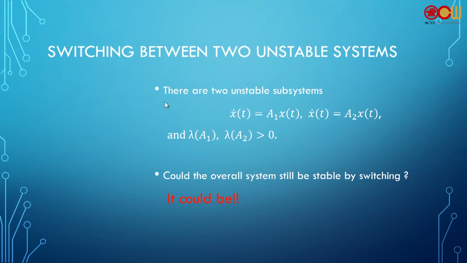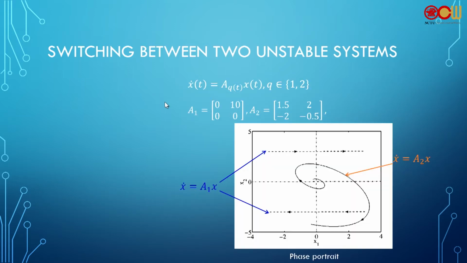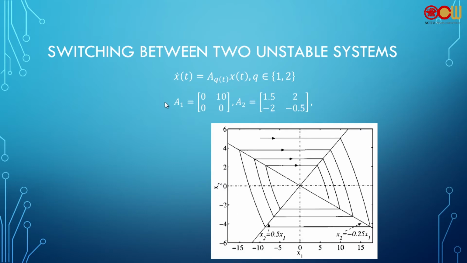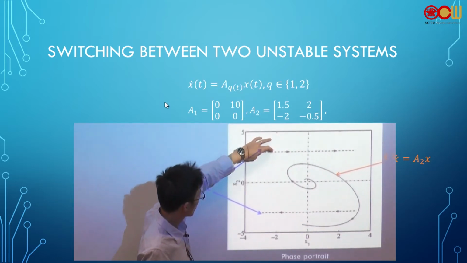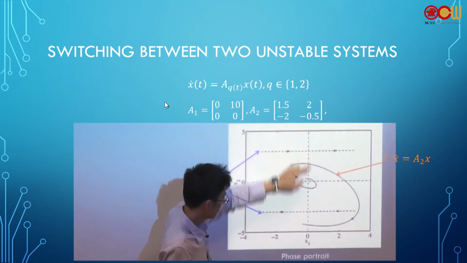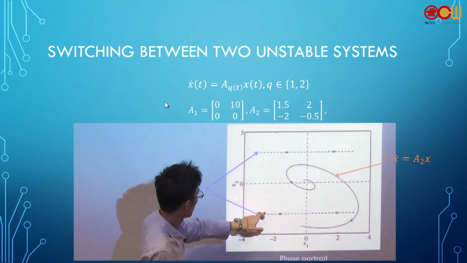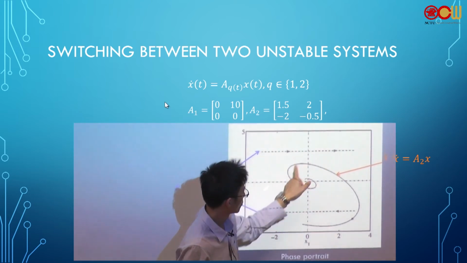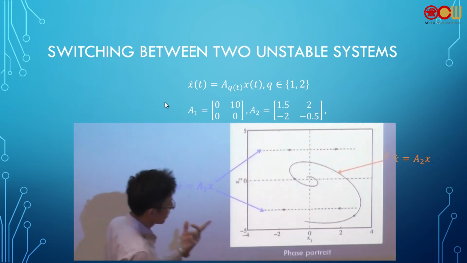The answer is yes. Here you have two subsystems, both unstable. This is A1x, this is A2x. If you start here in A1x, the solution will go this way. This is the trajectory when you stay at A2x.